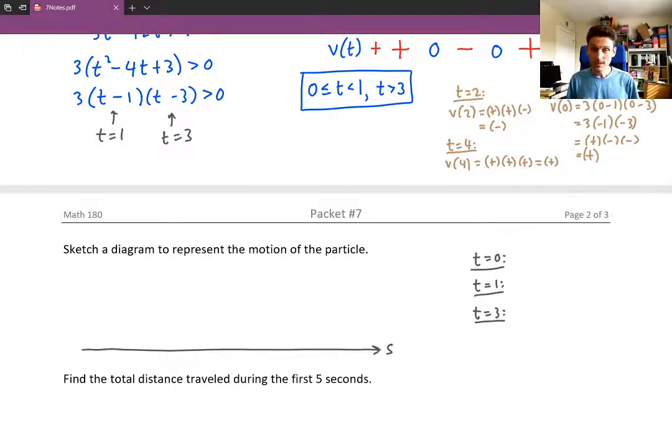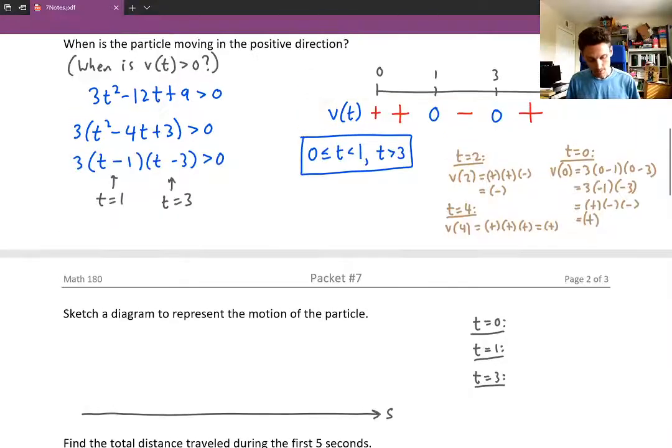T equals 1 and t equals 3 are times when the velocity might be changing. And in fact, from our previous part, we know that the sign of the velocity is changing. So the particle is moving in the positive direction, and then at t equals 1, it changes and moves in the negative direction. Then when t is equal to 3, it turns around and moves in the positive direction after that.